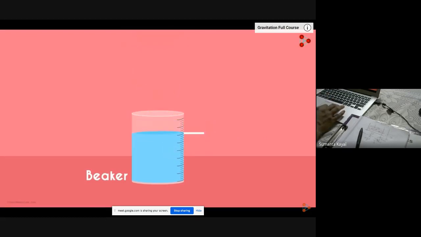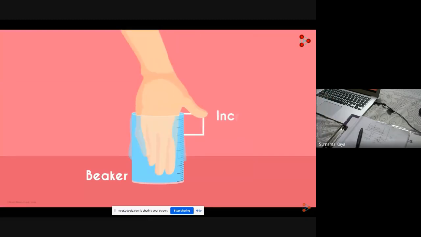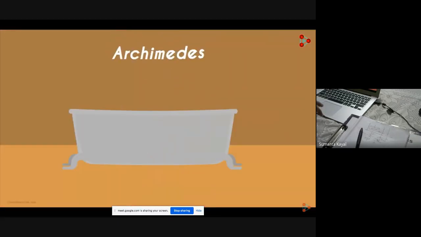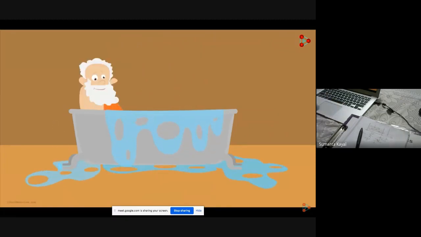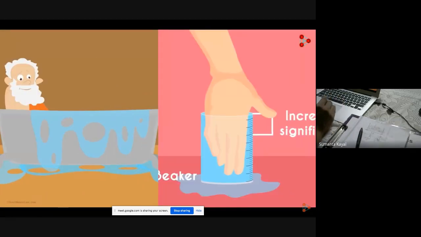They are putting some object, a finger or hand, and water is coming out because the hand is occupying that space. The volume of the hand will displace that amount of water. Archimedes observed exactly the same thing in a bathtub.